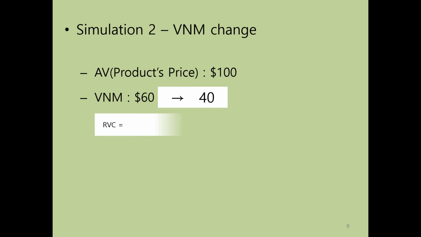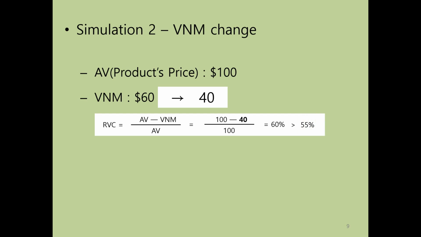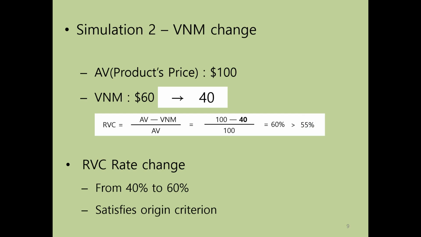Okay, RBC rate is 100 minus 40 divided by 100, and the rate is 60%. We need to see how RBC rate changes. It also changed from 40% to 60%. It is also over 55%, so it satisfies the origin criterion. As you can see, as the VNM decreases, the RBC rate would increase.